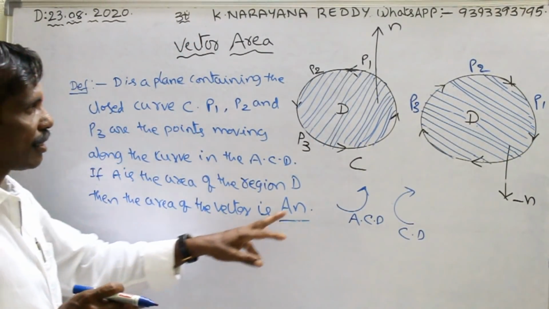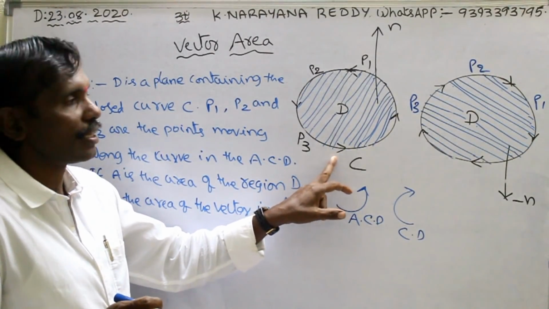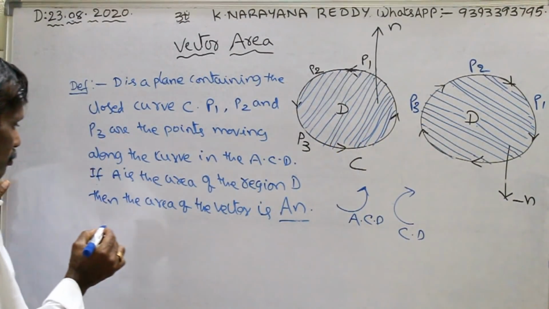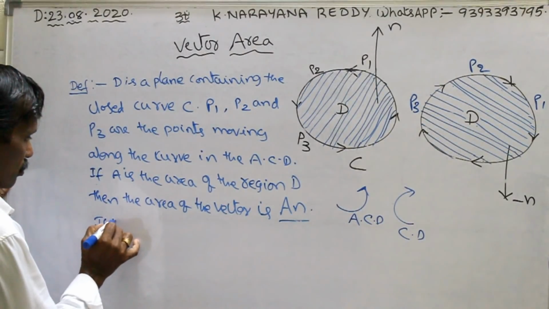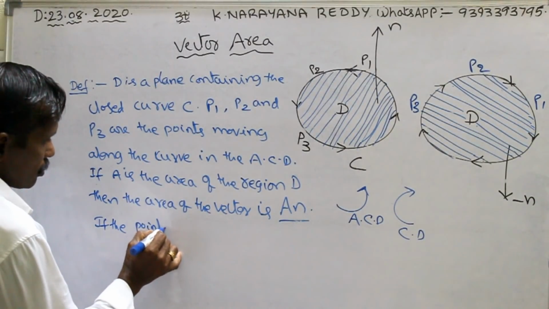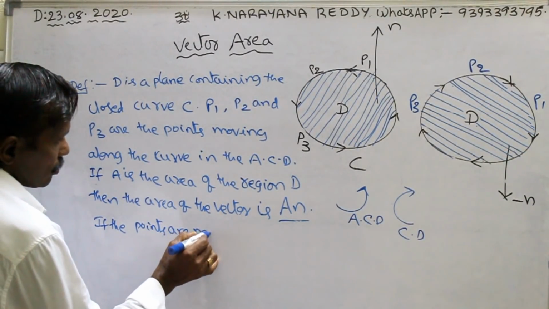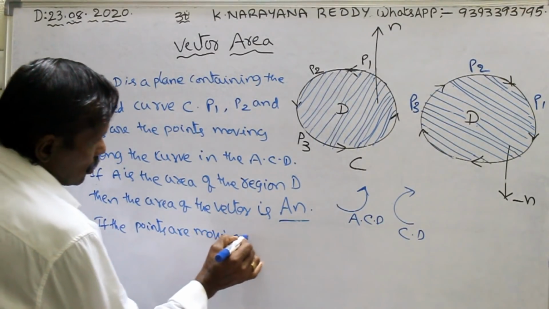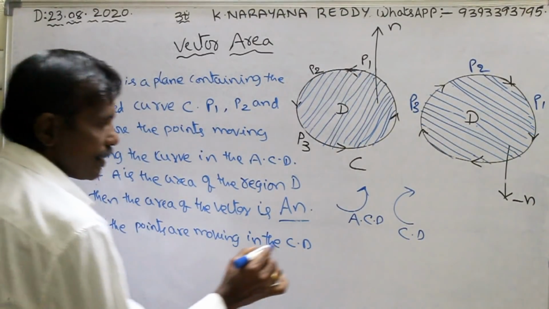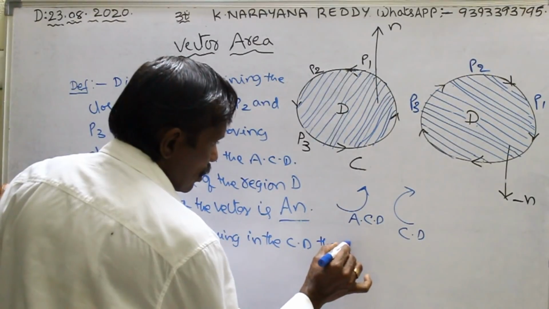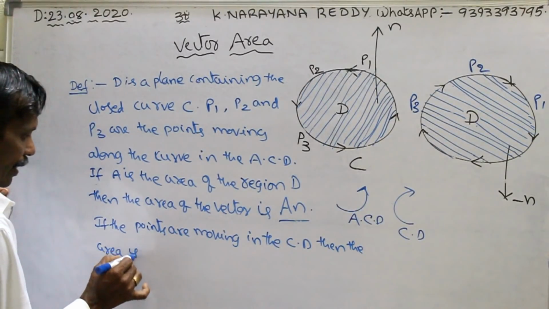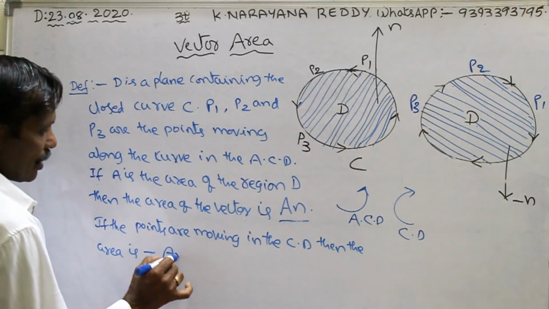Now this is for the circle, that means in the anti-clockwise direction. If the points are moving in the clockwise direction, then the area is minus A n.